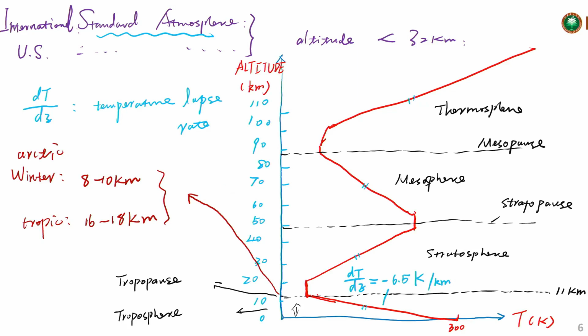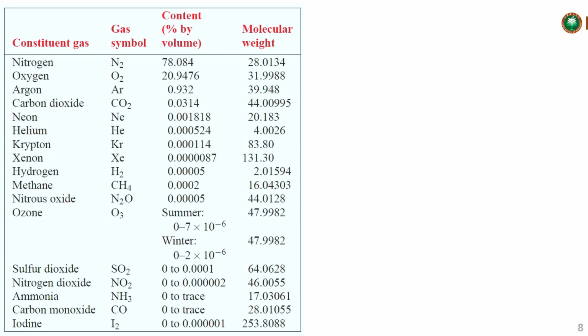The third thing I want to introduce is the atmospheric composition. I think from middle school we are familiar with that. The atmosphere is mostly composed of nitrogen and oxygen, almost 99 percent of the atmosphere.